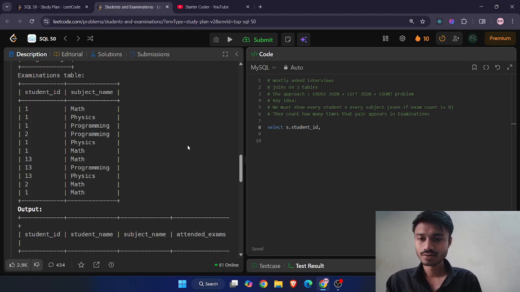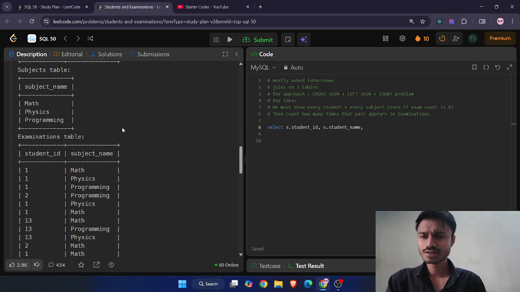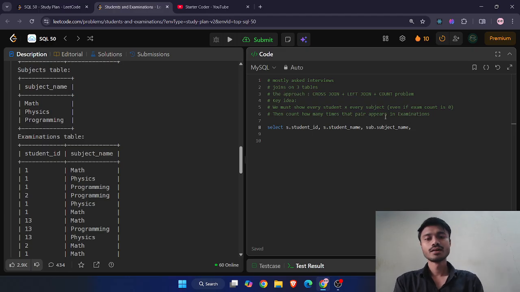Then we need the student name as well, which is present in the same table, s.student_name. Then we need the subject name, which is present in the subject table, so subject.subject_name.